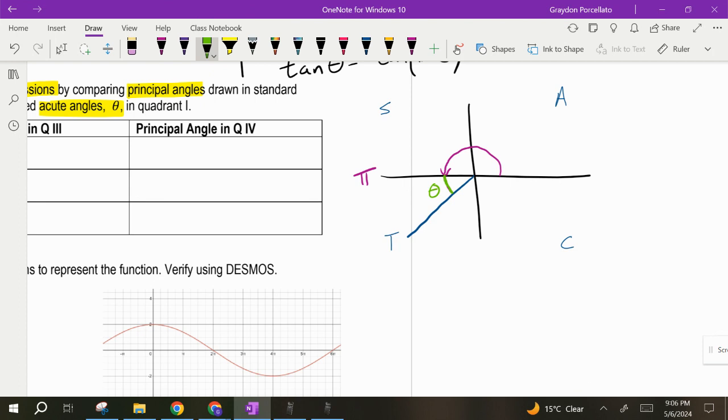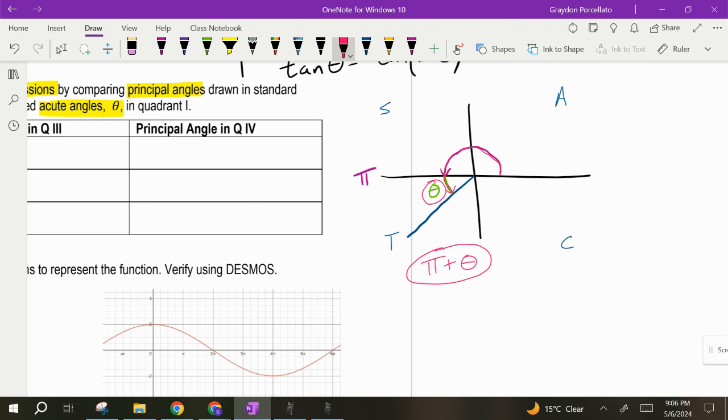That angle is theta. So if I want the total angle, from here all the way to here, I do pi plus theta. A principal angle in the third quadrant is always pi plus whatever your related acute angle is.